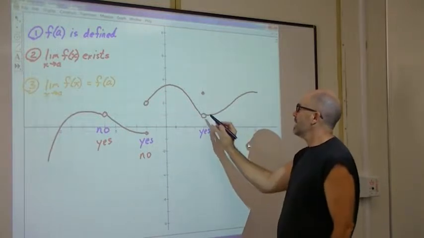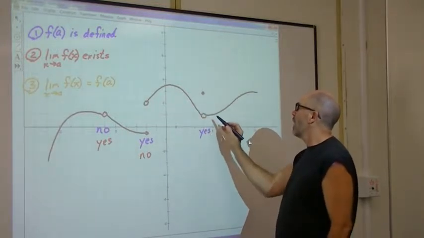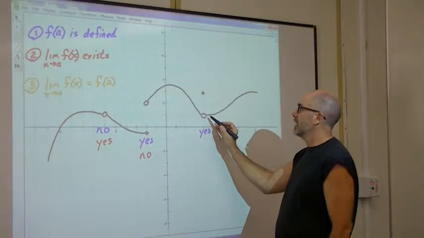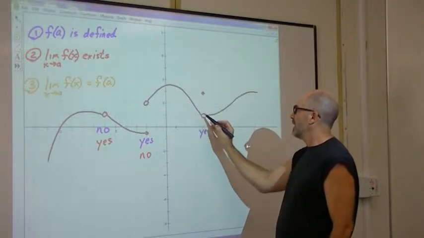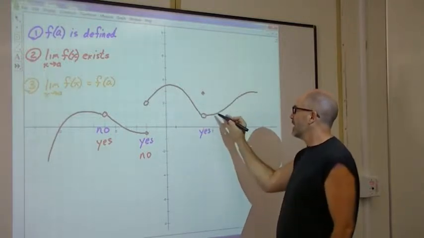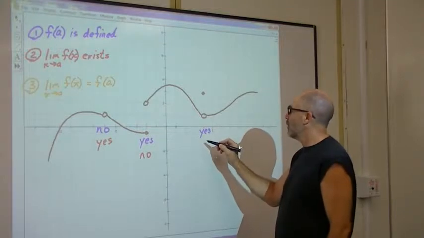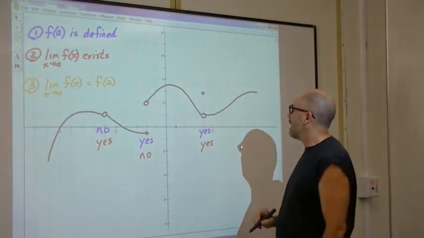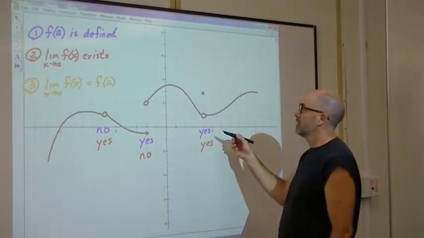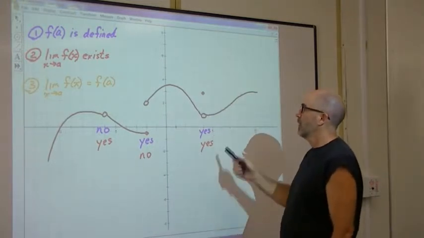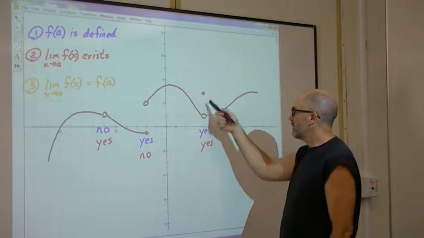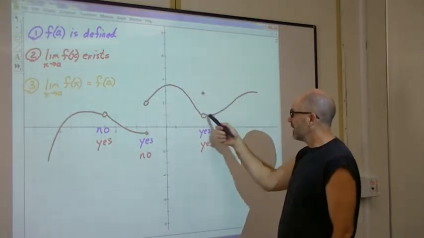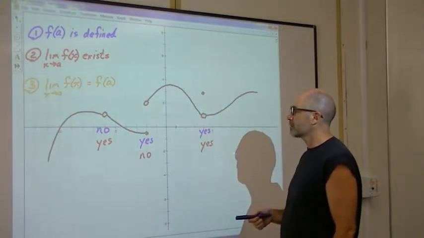Does the limit as x approaches 4 of f of x exist? Well, the left-hand limit equals 1, the right-hand limit equals 1. So, yes, the limit exists. So the function is defined here, and the limit exists.